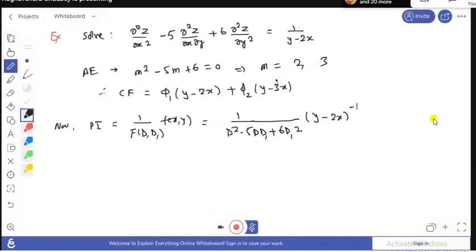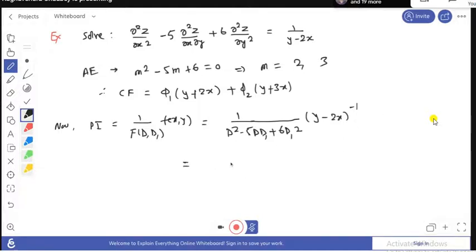Okay, so this becomes y plus. I think this is correct, because m minus 2, m minus 3. Okay, so these are the roots. So this is your complementary function, and then you find what this value is.